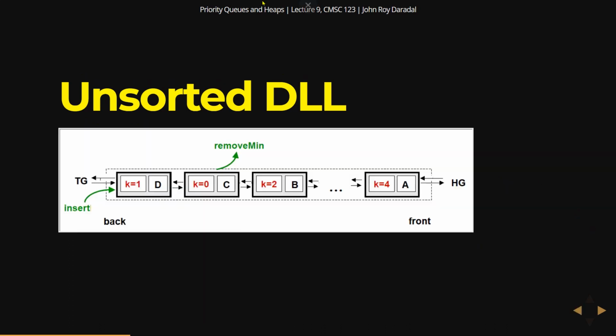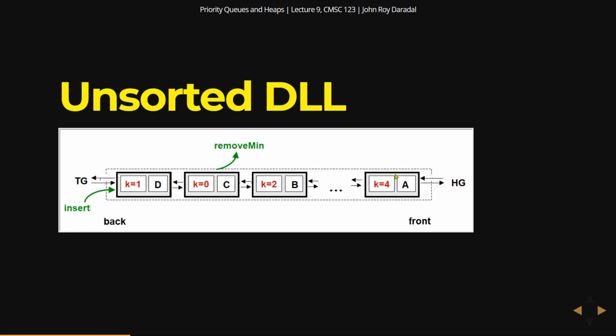So it looks something like this. Okay, so insert can be easily done at the back. You'll just add more items here at the back, but when you remove the min, or when you find the min, you actually have to go through each node here to make sure.